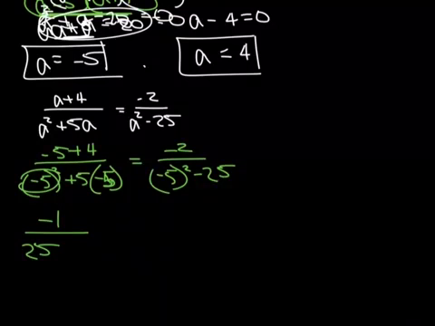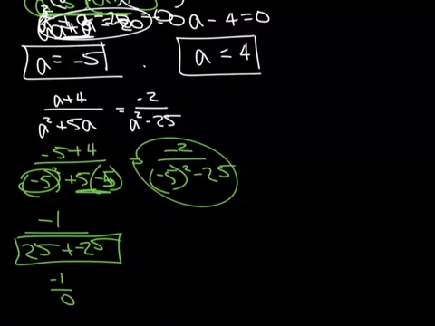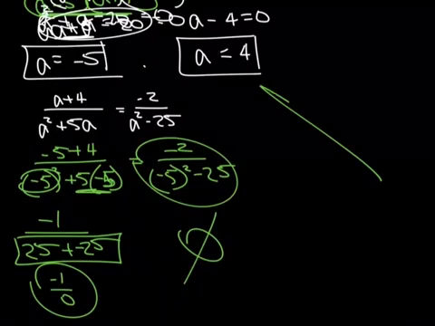Positive 25 plus negative 25. I can stop right there because positive 25 plus negative 25 is 0. I don't even care what this is. Because I have a 0 in the denominator, I am done. Answer is the null set for 5. Negative 5 does not work. So the only answer that does work is 4.